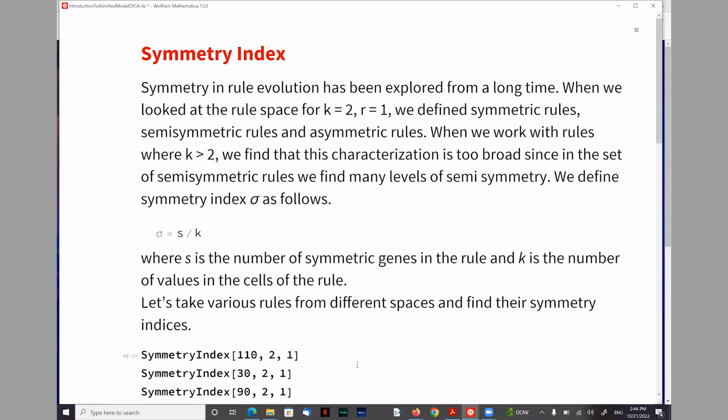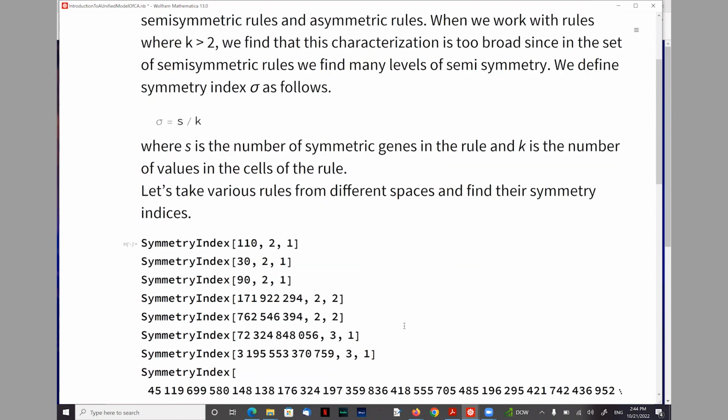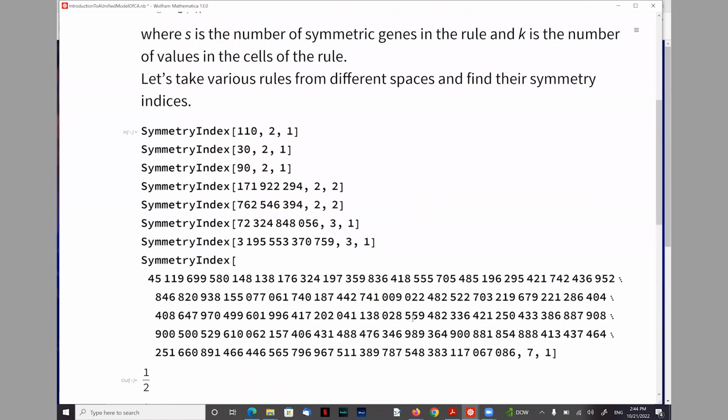And what I defined, I said, okay, we define a symmetry index sigma as S over K, where S is the number of symmetric genes in the rule, divided by K, which is the number of genes, or in this case, the number of values in the rule. So there's the function that gives the symmetry index.